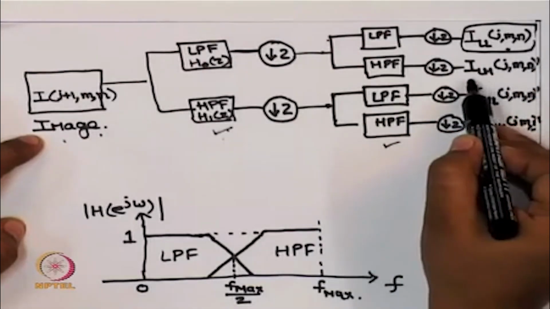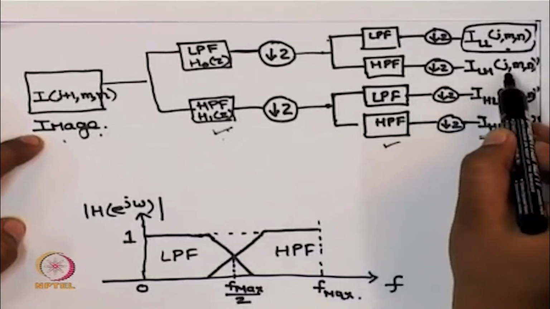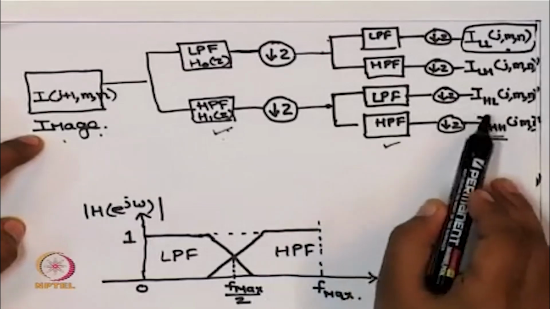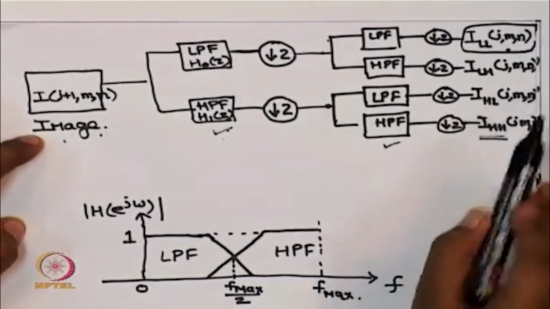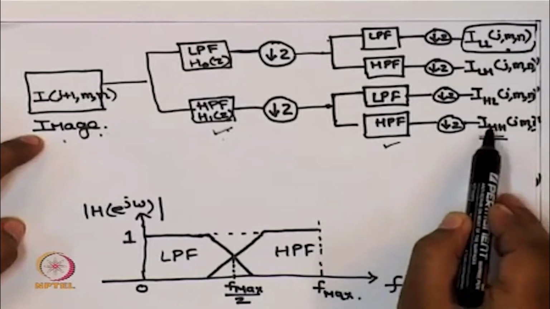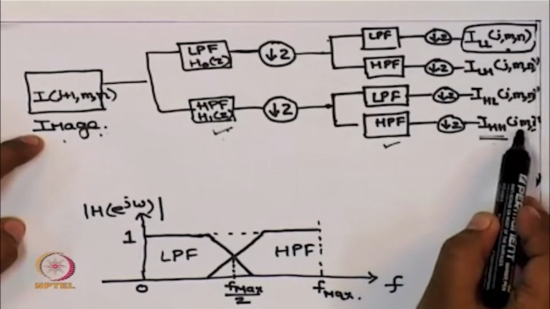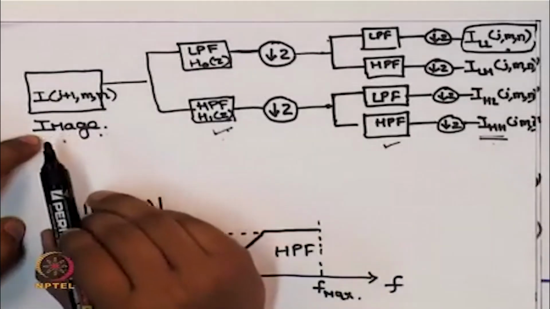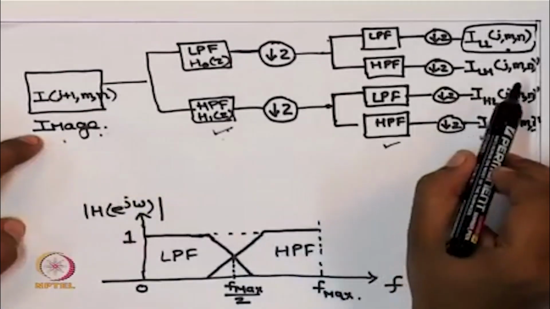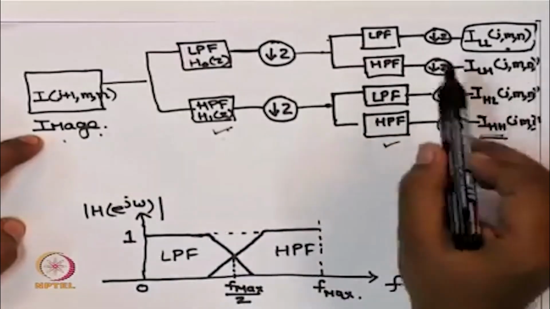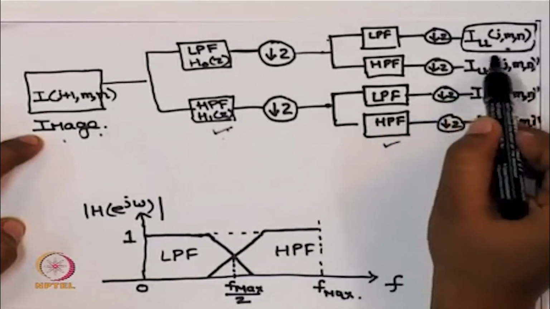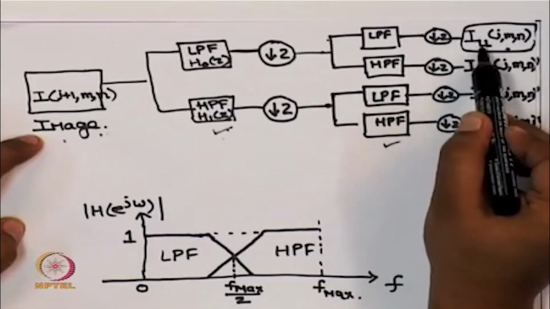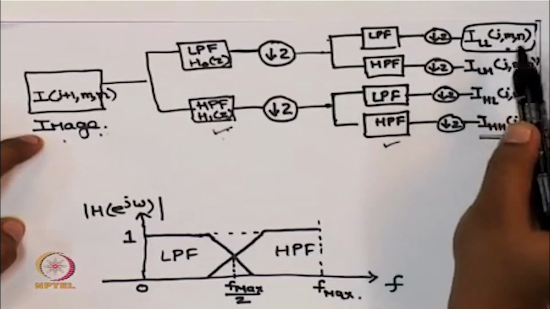Here we will get output ILH but now at scale J minus 1, over here we will get output IHL at scale J minus 1, and over here we will also get output IHH at scale J minus 1. So we have lost the resolution by a factor of 2 along both the rows and columns of the image that the output ILL is displaying.